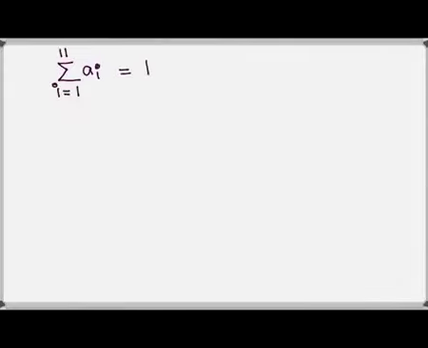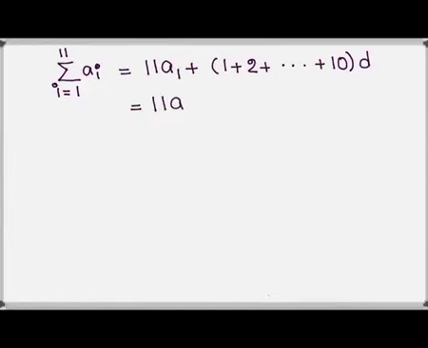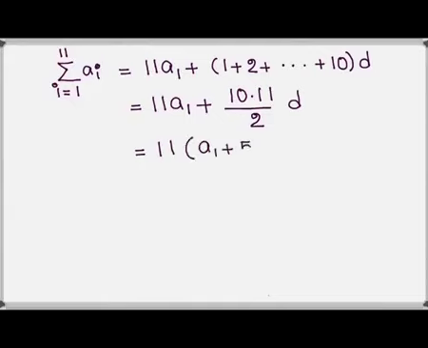This is equal to 11A1 plus (1 plus 2 plus so on and so forth up to 10) into D. So this is 11A1 plus 10 into 11 divided by 2 into D. So this sum turns out to be 11 into (A1 plus 5D).